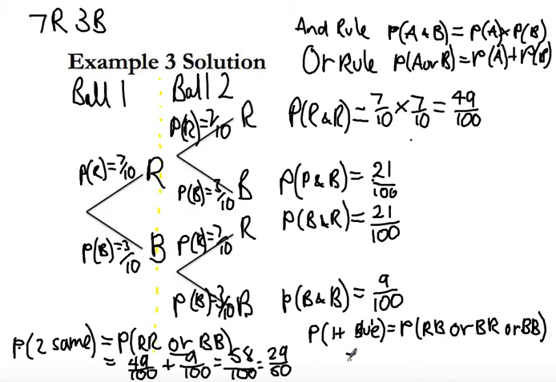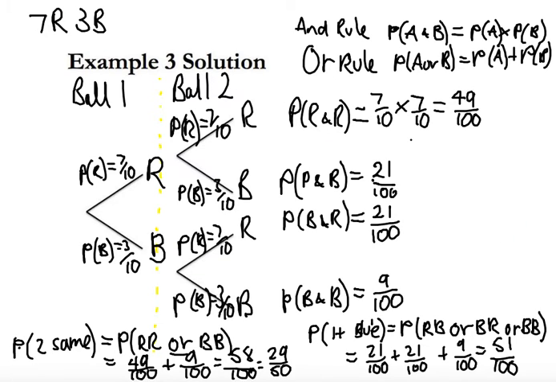So again, using the OR rule, we're just going to total up all the possible outcomes which match what we require. So I get 21 over 100 plus 21 over 100 plus 9 over 100, which comes out as a total of 21 plus 21 is 42, plus 9, 51 over 100. And that is as simple as we can get it.